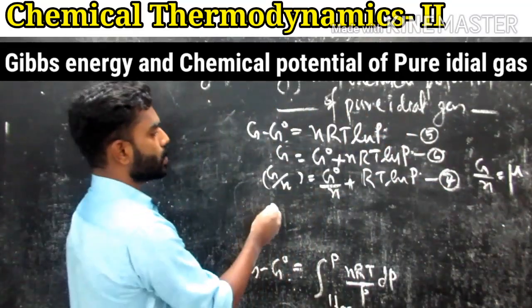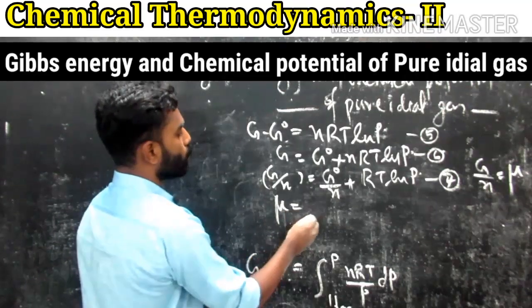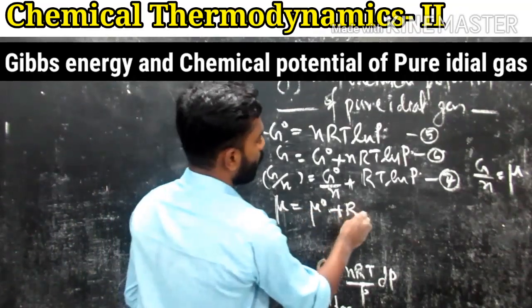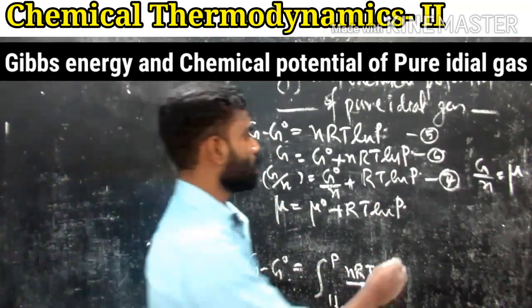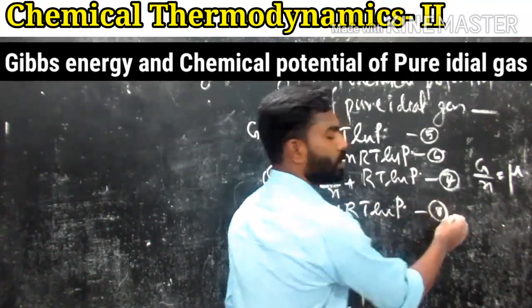So equation 7 can be written as mu is equal to mu0 plus RT ln P. Okay, this is the finalized form, equation 8.